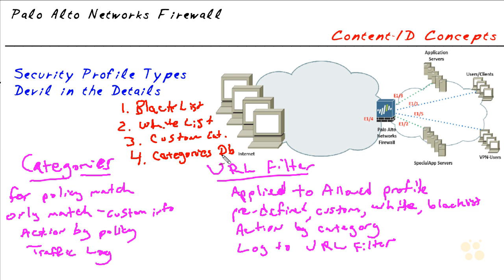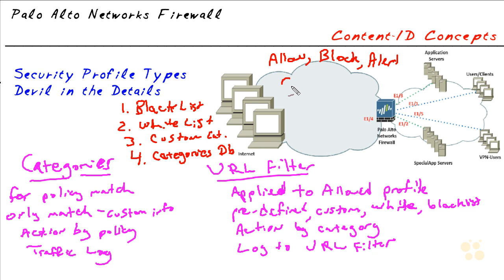My filter actions are going to be to allow, to block, or alert. Those are kind of the 3 common ones, so we'll just put those up here. Allow, block, or alert. But I have a couple other options that are interesting as well. Okay?